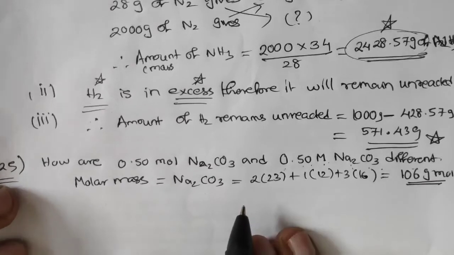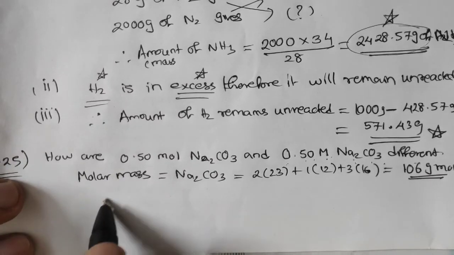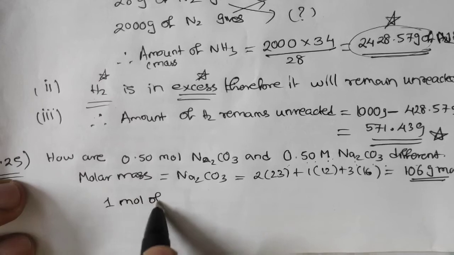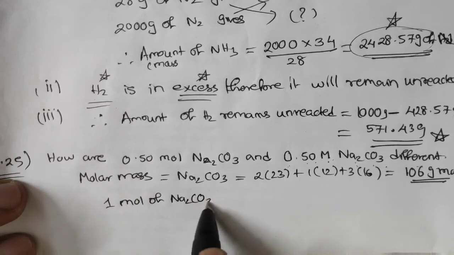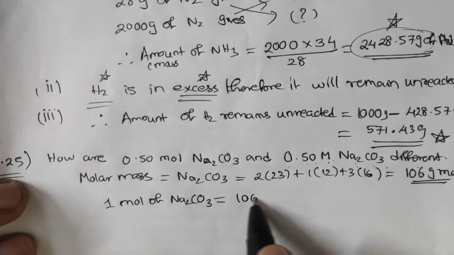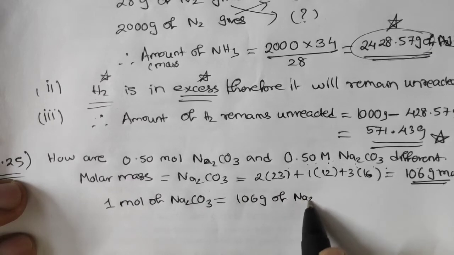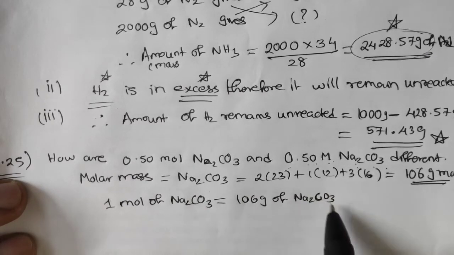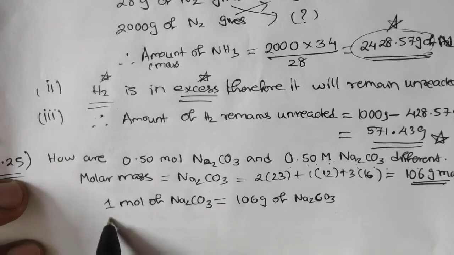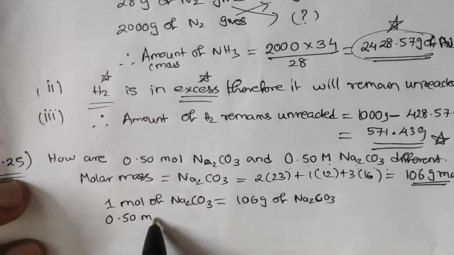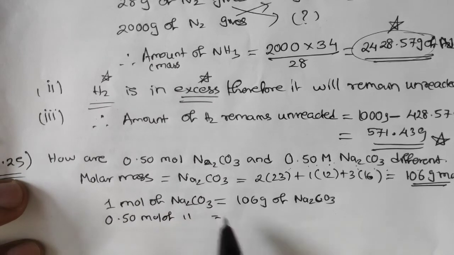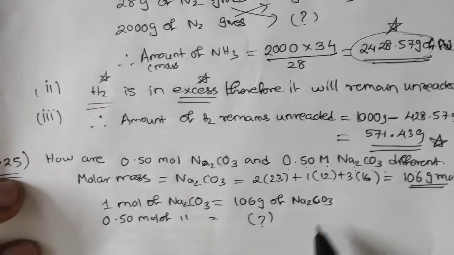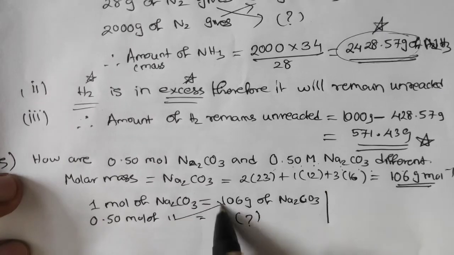Understood? So we can say that 1 mole of Na2CO3 is equal to 106 gram of Na2CO3, right? Because whatever is the molar mass, that is equal to 1 mole. So if I write 0.50 mole of this Na2CO3 is equal to how much? We will do simple cross multiplication.